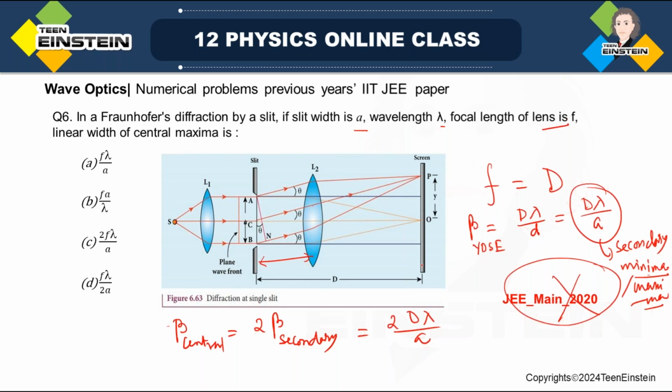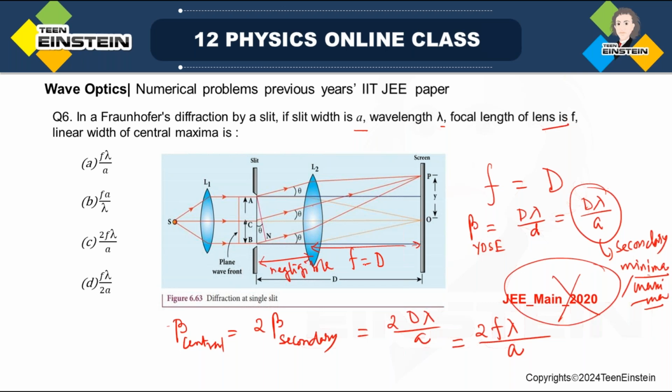In this case, this d will be replaced by the focal length of the lens. This separation is negligible. In fact, we can take this focal length as d.